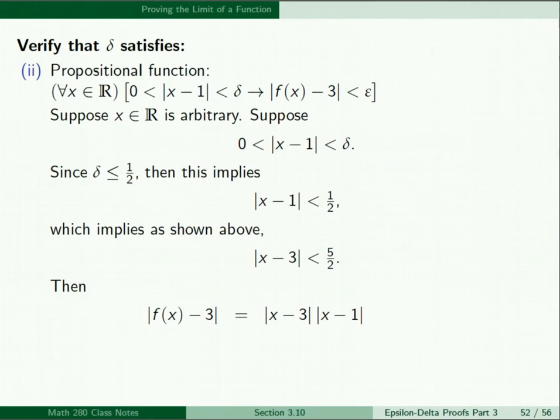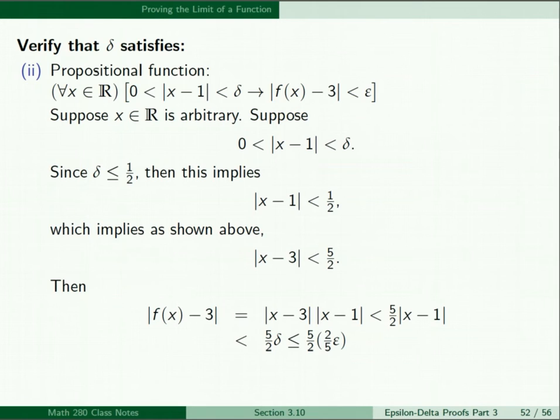Then the absolute value of f of x minus 3, which is absolute value of x minus 3 times the absolute value of x minus 1, will be less than 5 halves times the absolute value of x minus 1, which is less than 5 halves delta, since the absolute value of x minus 1 is less than delta, which is less than or equal to 5 halves times 2/5 epsilon.